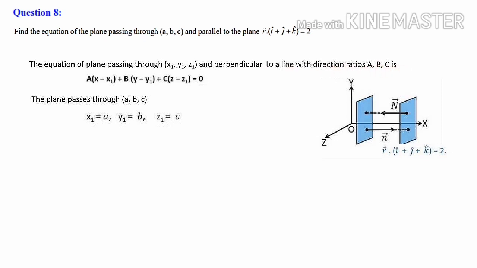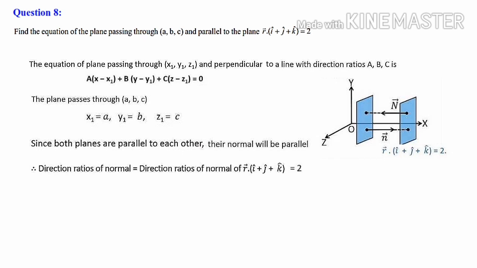A, B and C. For that, both planes are parallel to each other. So this plane is parallel to the second plane, and if you consider their normals, these normals are parallel. This normal is capital vector N, and here it is small vector n. So these are the normals, they are parallel to each other.